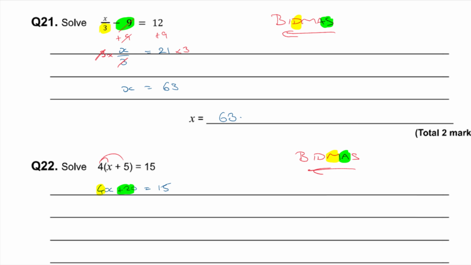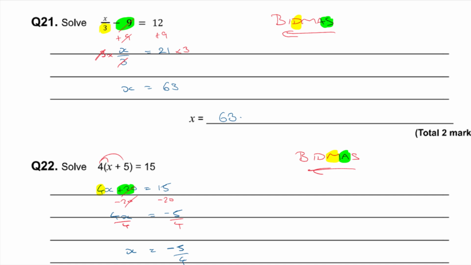So the opposite of adding is subtracting. Okay, so they'll cancel, leaving you with 4x on the left, and on the right 15 minus 20. That's going to be negative 5, isn't it? And then 4x is negative 5, so dividing both sides by 4 next. Doing the opposite, I'm going to be left with x equals, well, it's just going to be minus 5 over 4.